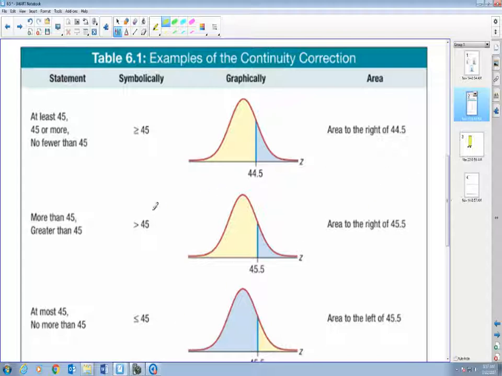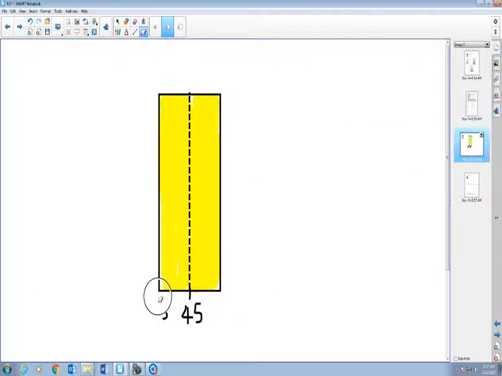That should make sense. If I want to be greater than 45, let me go back. If I want to be greater than 45, that means I don't even want the right-hand side of where my 45 is. I've got to come up, use 45.5, and then go to the right.